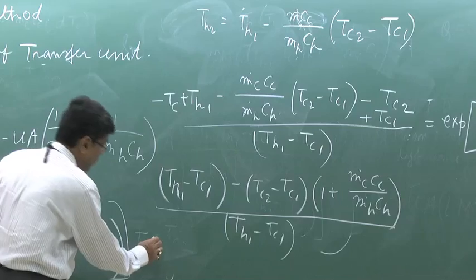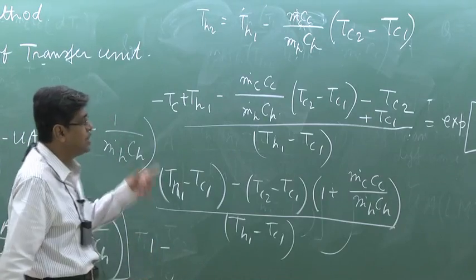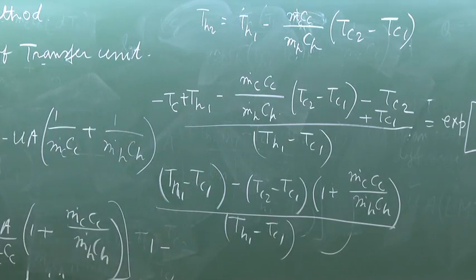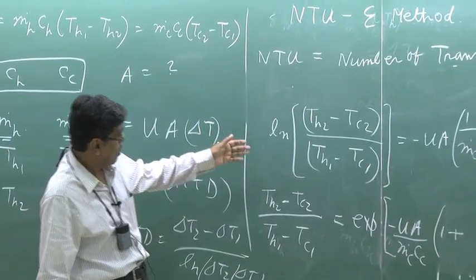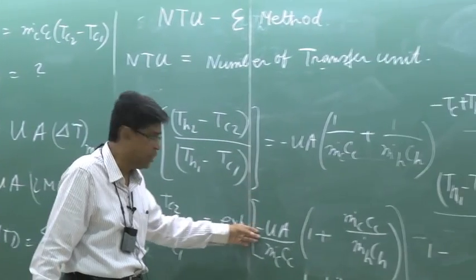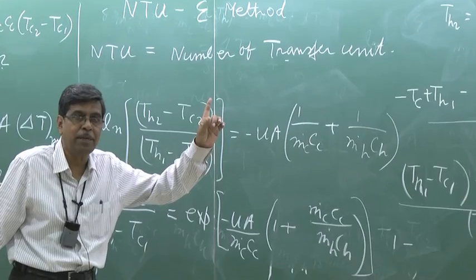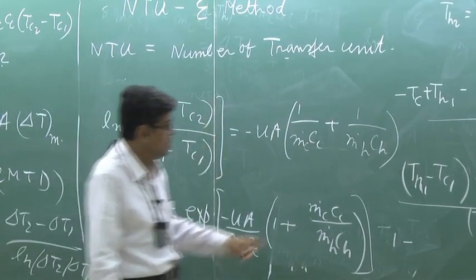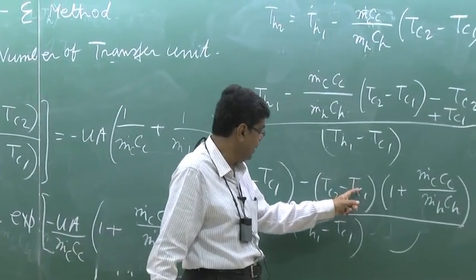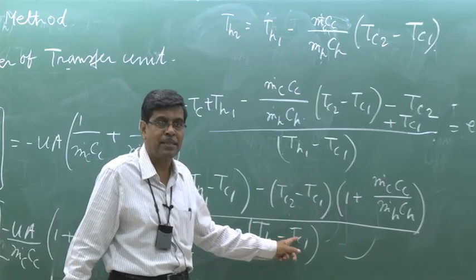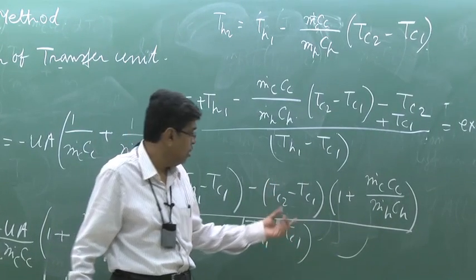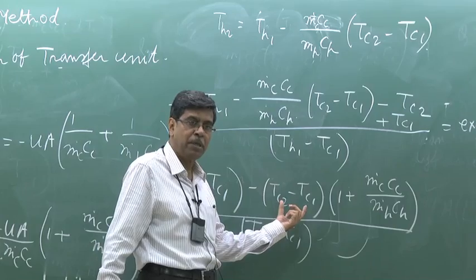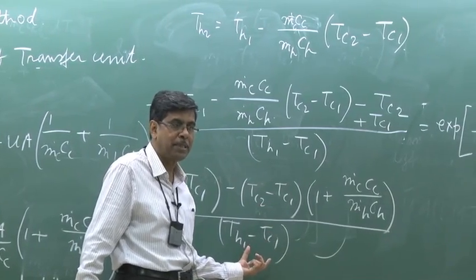So this becomes 1 minus, since I have considered from this step that the cold fluid is the minimum fluid, that means (Tc2 minus Tc1) by (Th1 minus Tc1) is the effectiveness, epsilon, because it is the change in temperature of the minimum fluid divided by the maximum change in temperature.